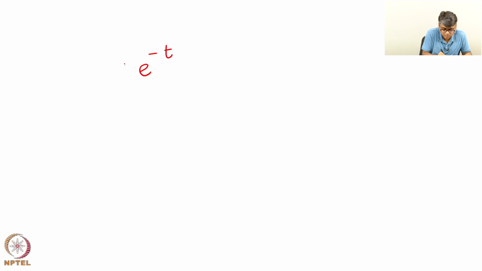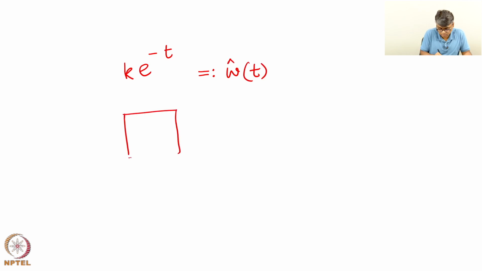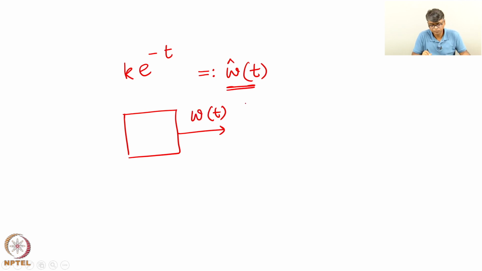There is a black box and I am measuring the output, and I have observed that one particular instance of this w(t) is this w hat t, which is k e to the power minus t. Let's say k is some number, say 2 e to the power minus t.